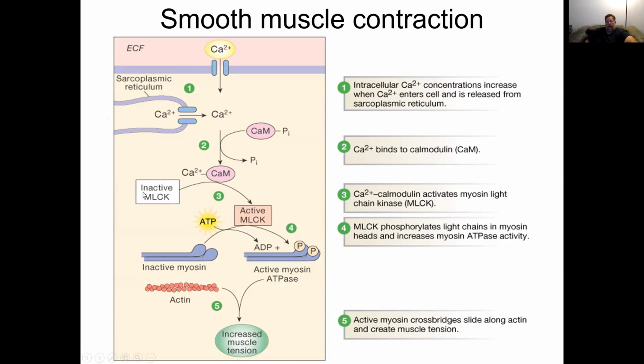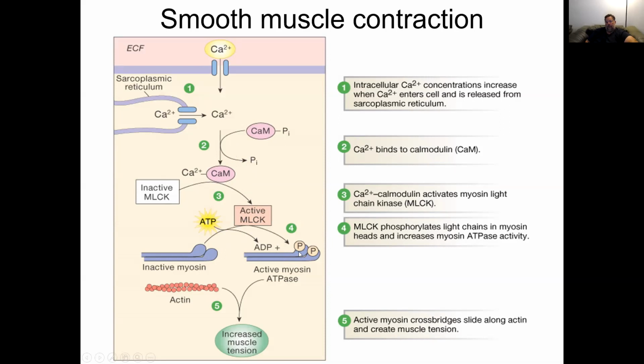So an inactive myosin light chain kinase will be activated by the release of a phosphate. Then this enzyme becomes activated, where ATP can then phosphorylate the myosin heads, adding the phosphate.